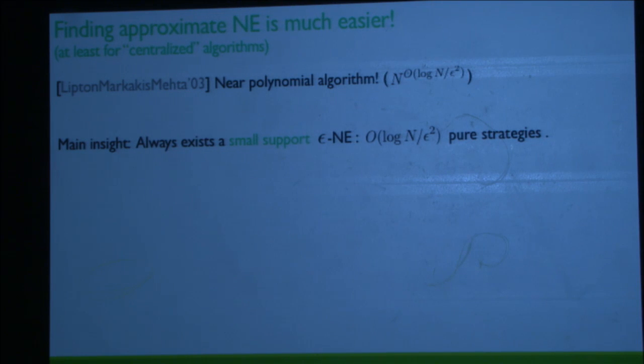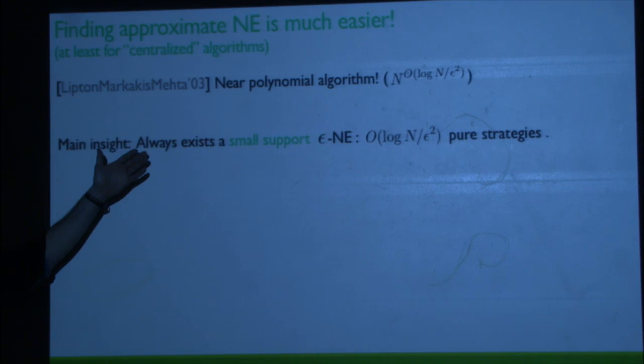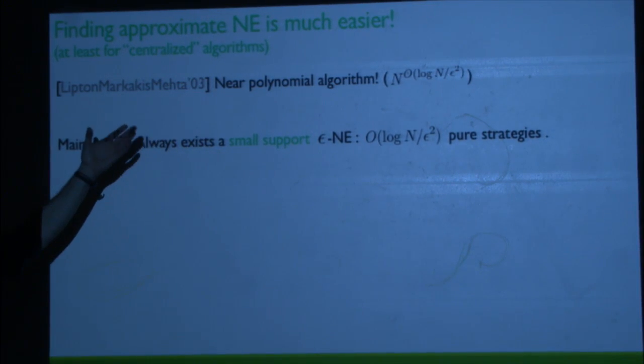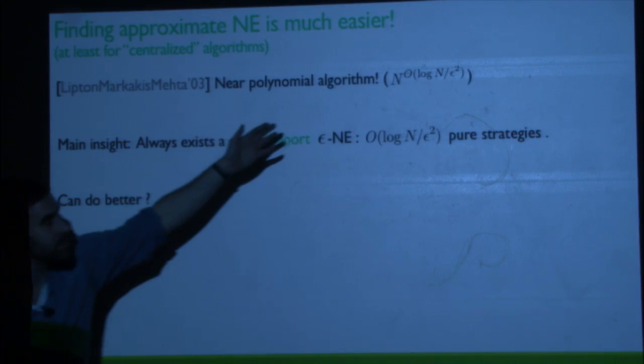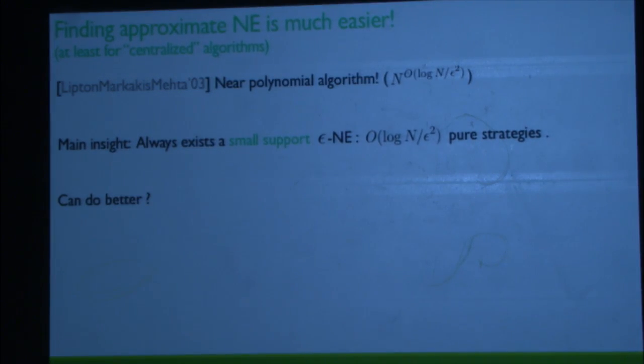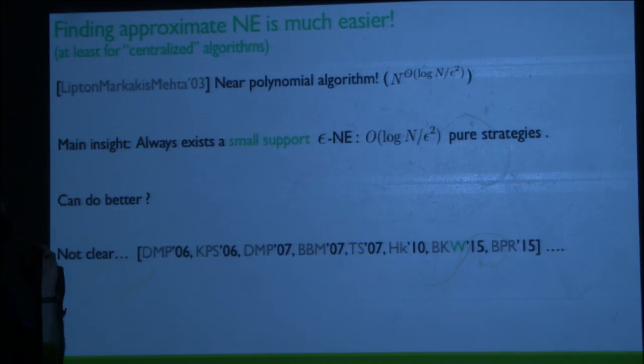So this is the state of the art, at least for the general problem of finding an epsilon Nash equilibrium. Whether we can beat this algorithm and achieve actual polynomial time is one of the major open questions in the field. It's really not clear.